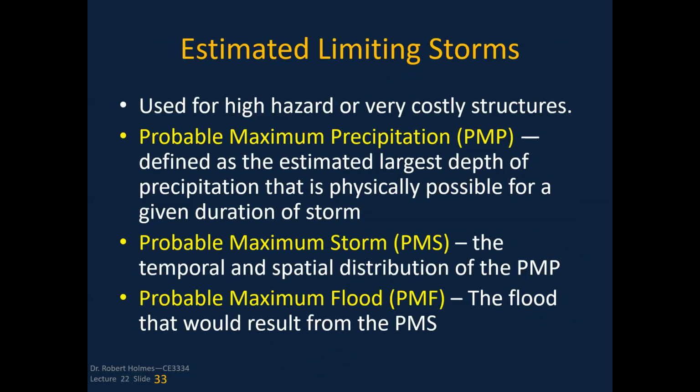All right, the last thing I want to cover in this lecture is looking at limiting storms, and we talk about the probable maximum precipitation. This is a concept that came from the Weather Bureau because they were asked back in the 1930s, 1940s, 1950s, when we were designing all these large systems, these big, massive dams costing millions of dollars.